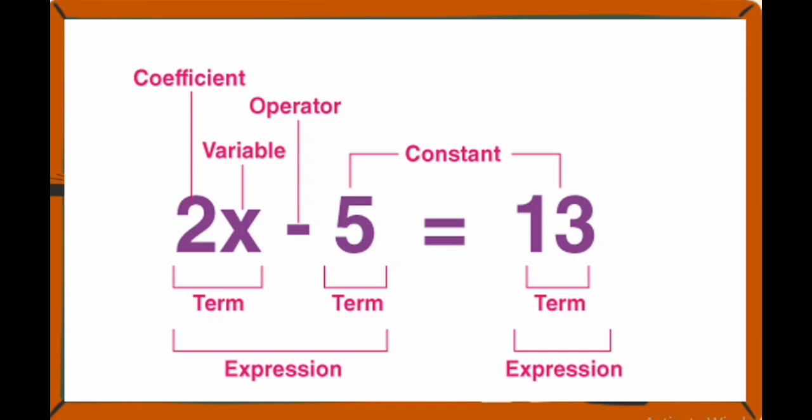So in this case we have 3 terms forming an expression. What makes it an equation is the sign of equality between 2x minus 5, one expression, and 13, which is another expression. So the combination of them with this sign of equality makes it an equation.